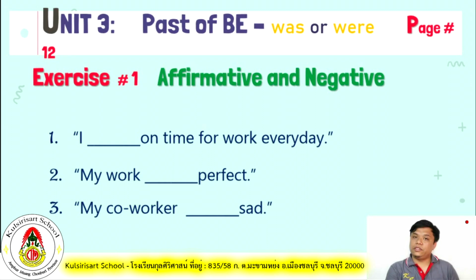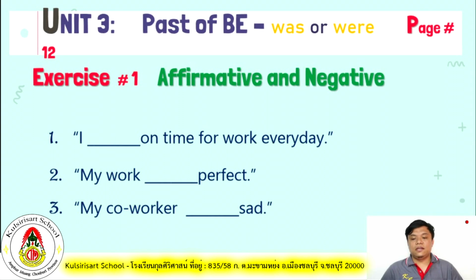We will answer with the verb to be, was or were. Remember, if it's singular, we will use was, and for plural, we will use were. I blank on time for work every day. What do you think is the verb to be that should be used?